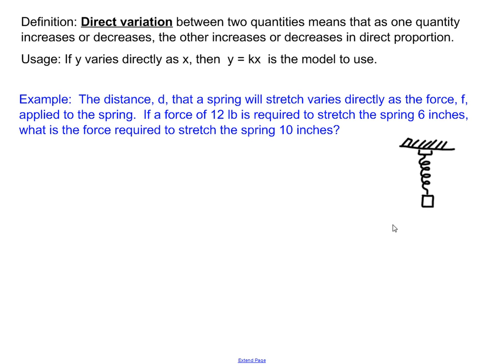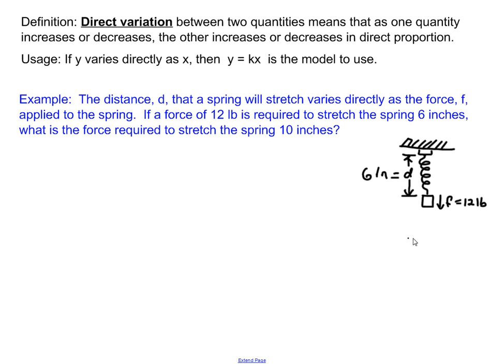And the weight, of course, at the end is our force, F, and the distance that the spring stretches is d. Right? So we say that if we use a force of 12 pounds, then the distance we're going to get is 6 inches. Right? So, okay, 6 inches for 12 pounds.